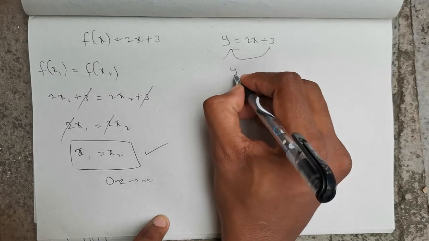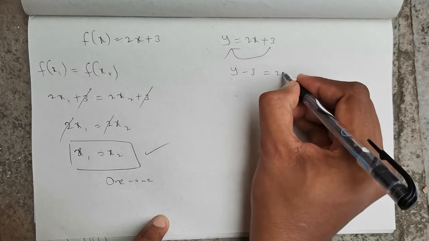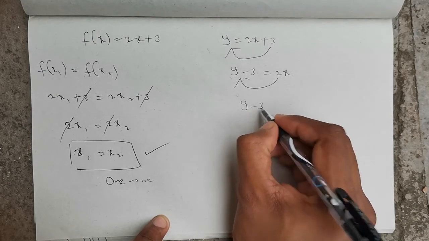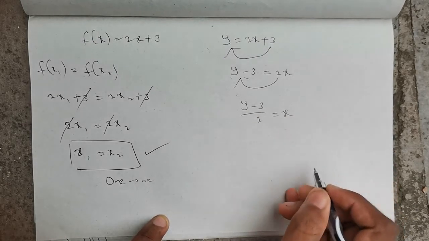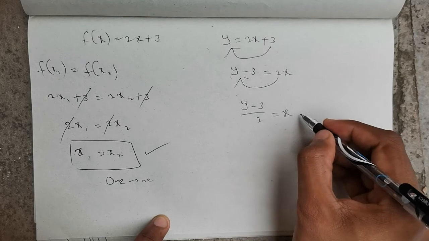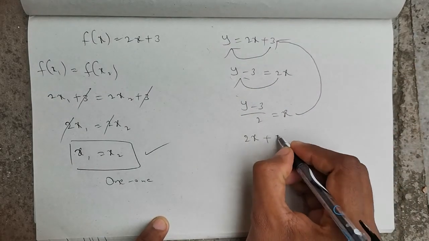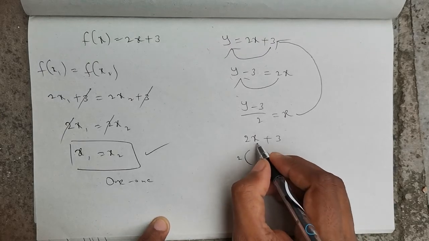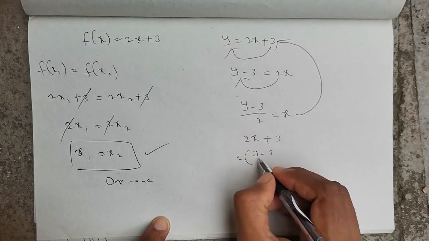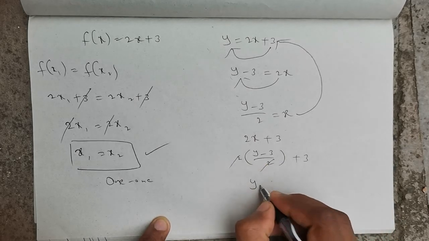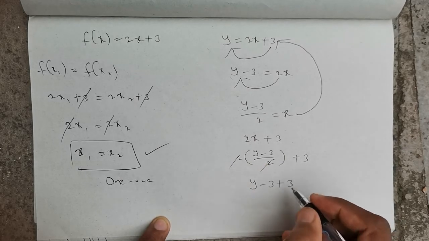Next, to check onto, y = 2x + 3. Take plus 3 to the left side, we get y - 3 = 2x. Take 2 also to that side, we get (y - 3)/2 = x. This x value we need to substitute in the function, that is 2x + 3: 2 into (y - 3)/2 plus 3. 2 cancels, so we remain with y - 3 + 3.